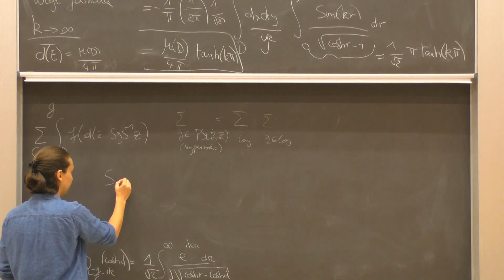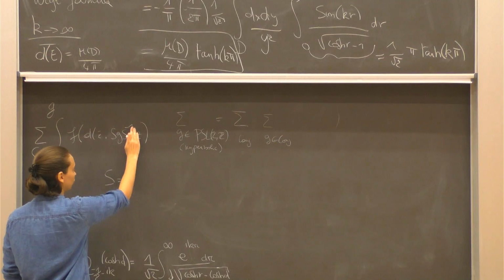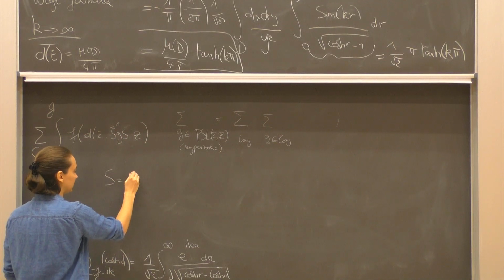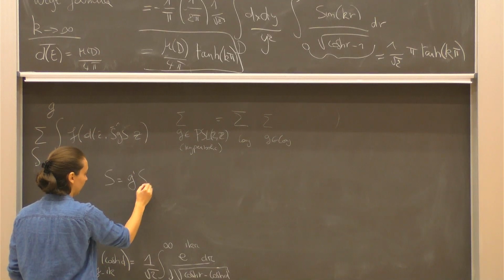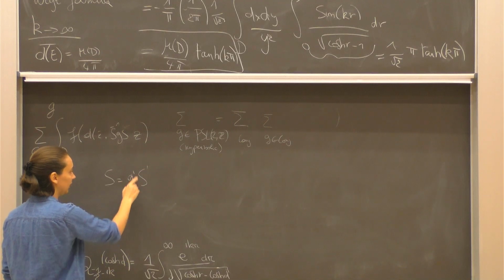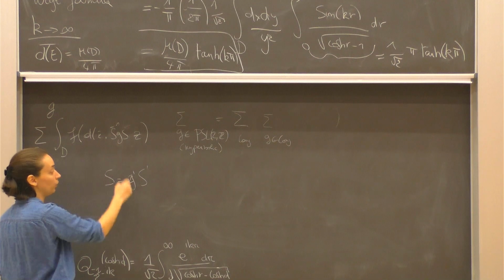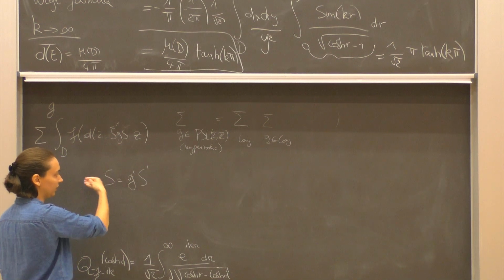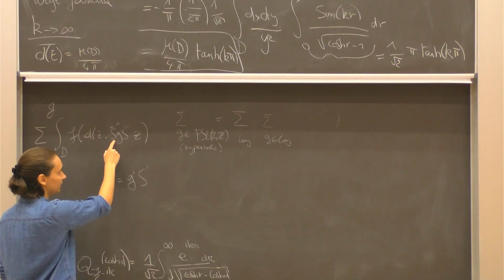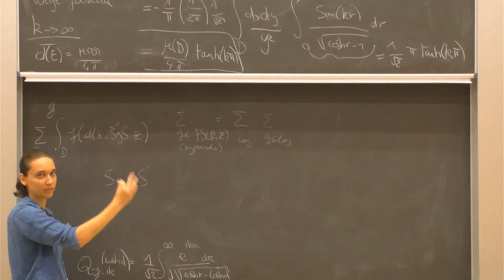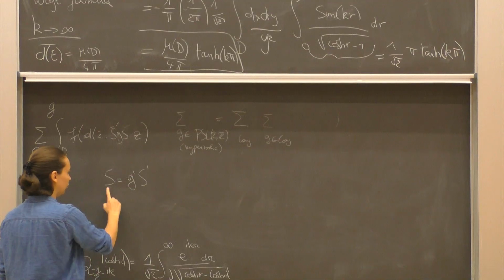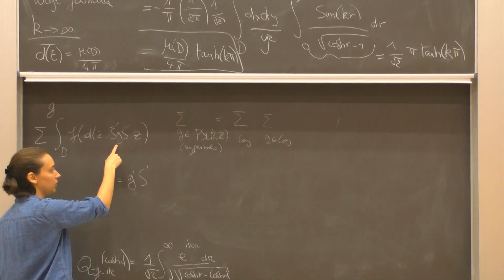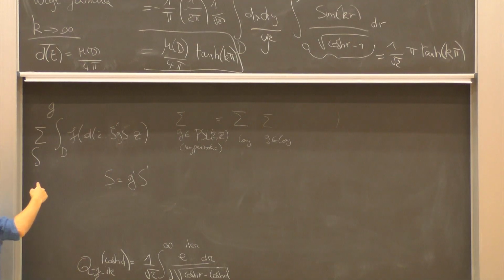Whenever this s is some g' times some other s, where this g' commutes with g, because then they will cancel, and applying this s or this s' will give you the same element. So for elements that are connected by an element that commutes with g, you don't want to include both of them in this sum.